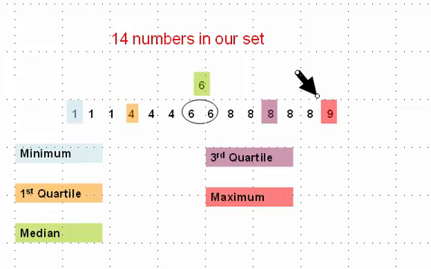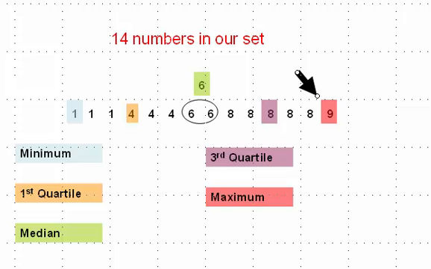So there can't be a number in this set that's less than the minimum value by definition. So every number in our set has to be bigger than the minimum value, and no number can be bigger than our maximum value. By definition, everything has to be less than the maximum value.